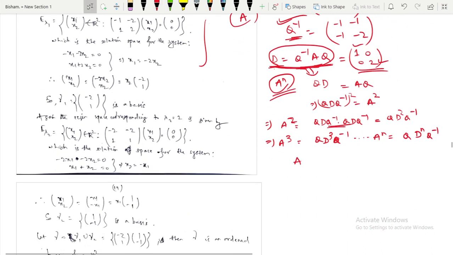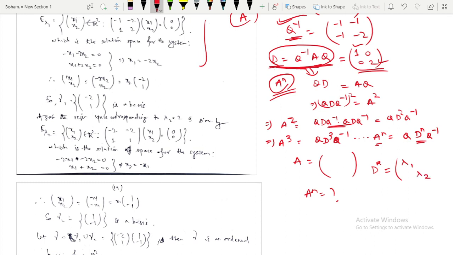That means if any matrix A is given and A to the n is asked, then you can evaluate D to the n. D means the diagonal matrix associated with this matrix A, and if you know D, you write the eigenvalues on its main diagonal, and the rest of the elements are 0. Then D to the n will be lambda 1 to the power n, 0, 0, lambda 2 to the power n.